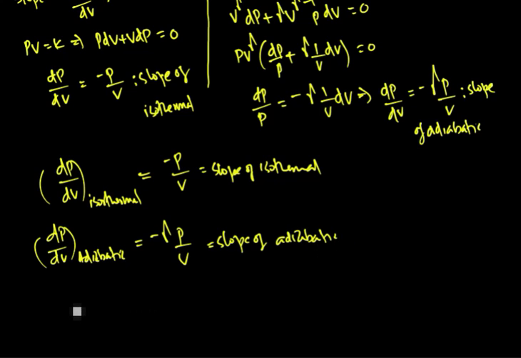So we can say that the slope of the adiabatic curve is equal to gamma times the slope of isothermal.